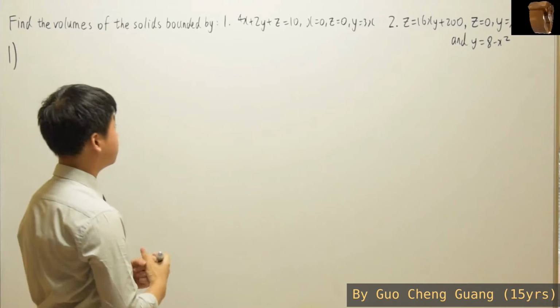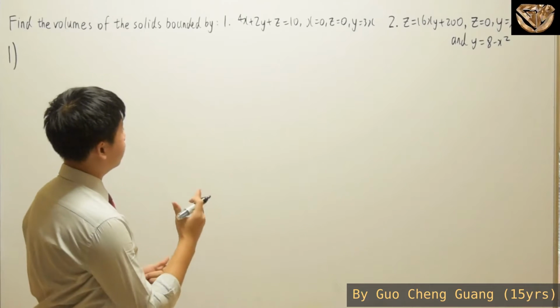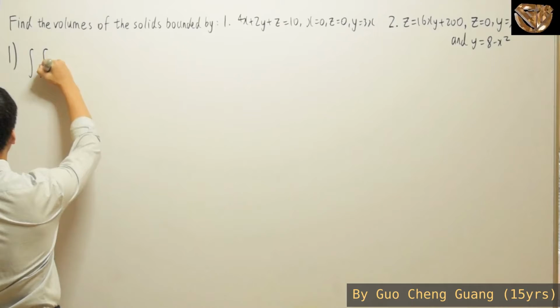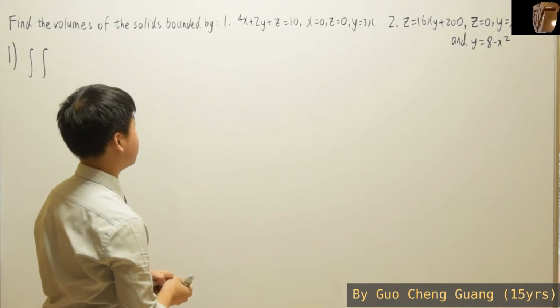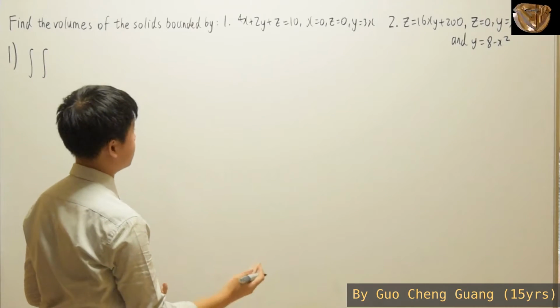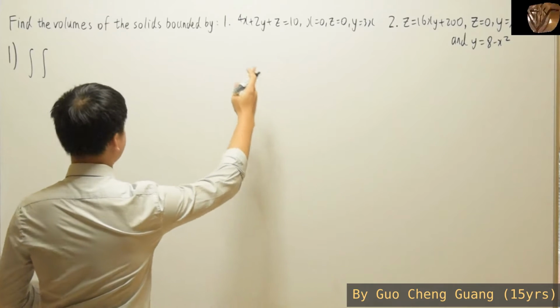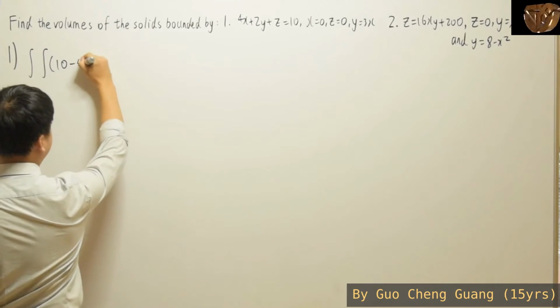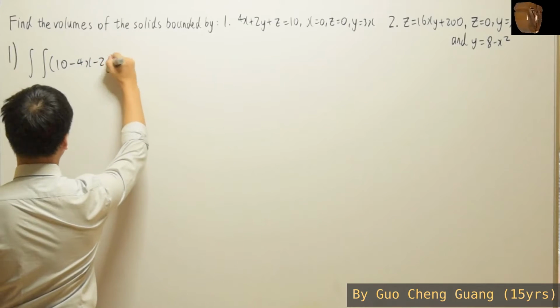So for the first example, we have a double integration. Since z is from 0 to this function, you can change this into 10 minus 4x minus 2y.